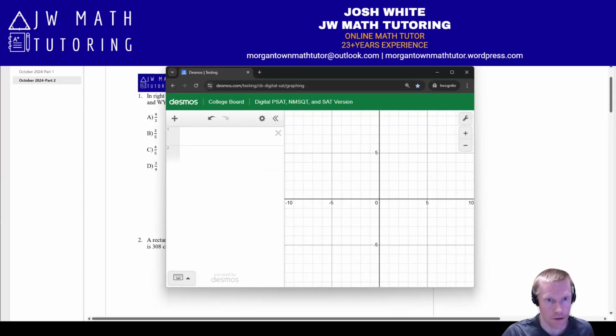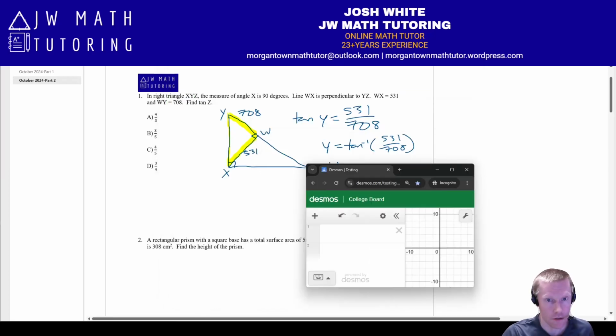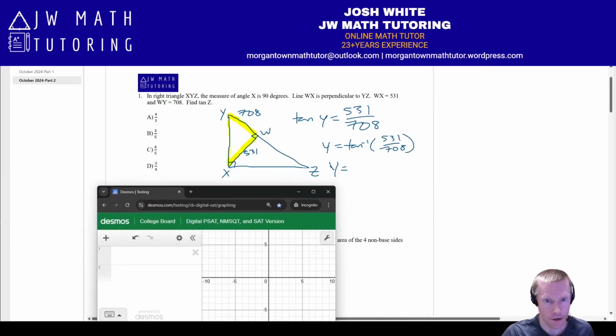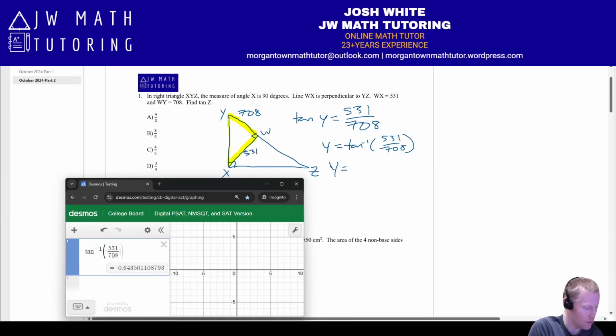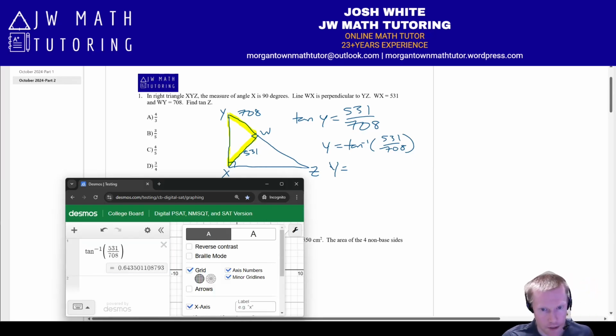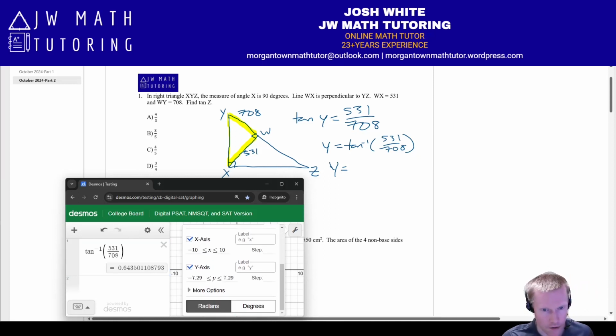So let me slide this down here. First thing I want to do is inverse tan of 531 divided by 708. Now I need to make sure I'm in degrees and not radians.